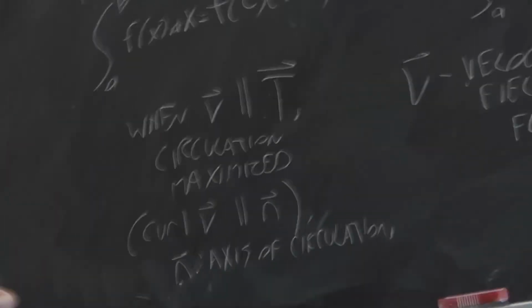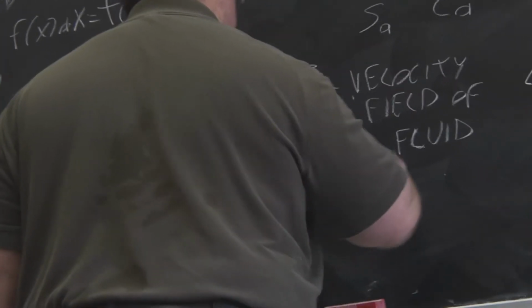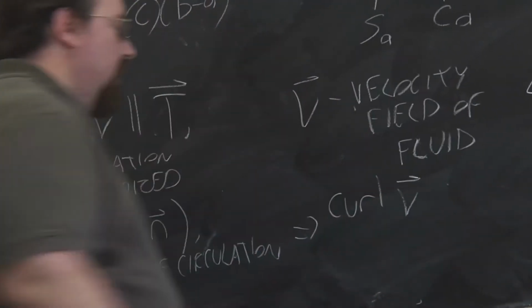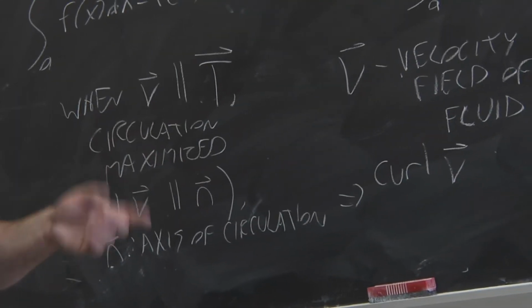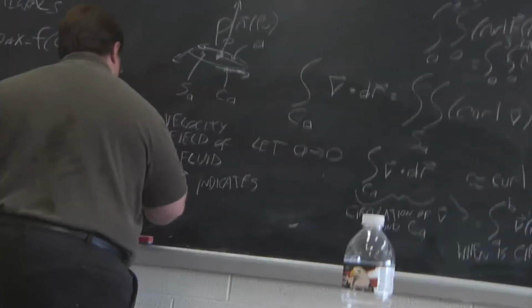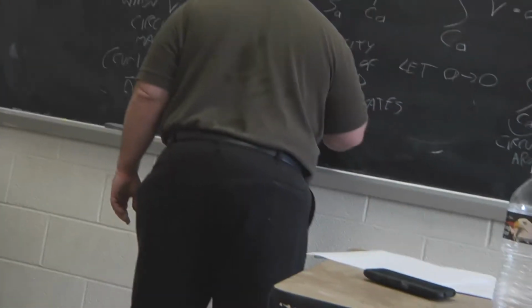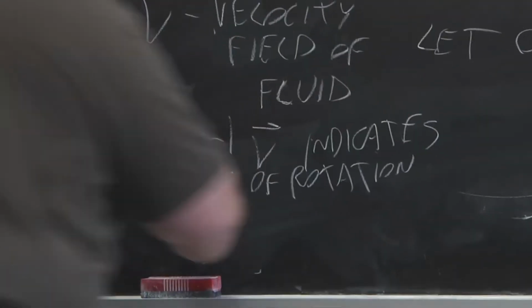So in other words, the curl of V at any particular point tells you which axis of rotation maximizes circulation.